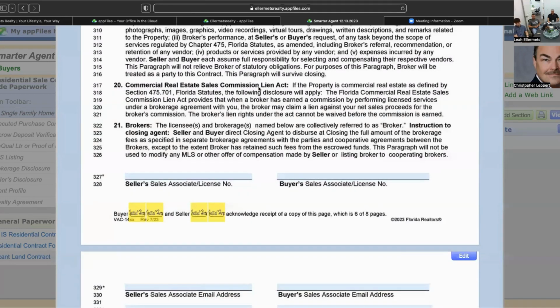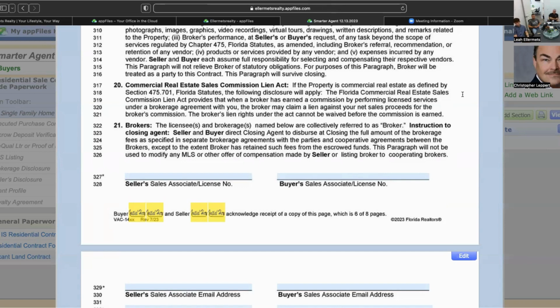Commercial real estate, it's a different deal. If it's a commercial sale, it's talking about liens, but how about commission? Typically on a commercial real estate transaction, the buyer pays the listing agent's commission. There are times where the seller will still pay it, but again, those things are negotiable, more negotiable now than ever with what's going on in the real estate world.